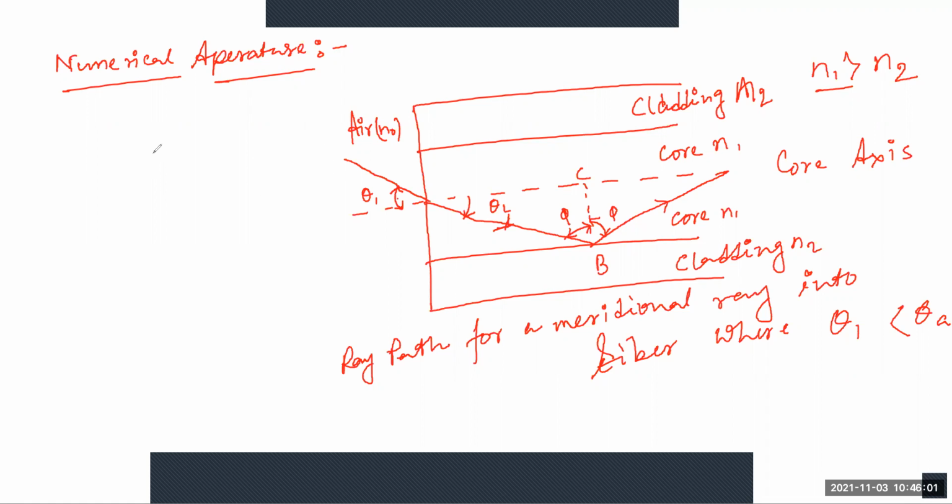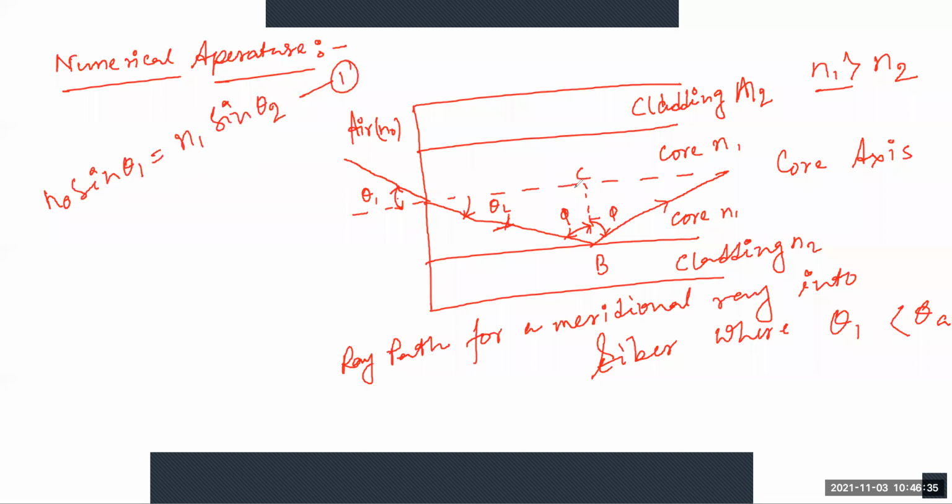So from Snell's law we can write, for the entrance face of the fiber core normal to the axis, n naught sine theta 1 equals n1 sine theta 2. This is equation number 1.